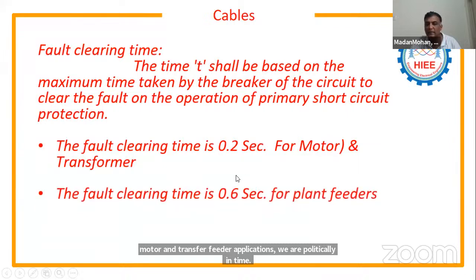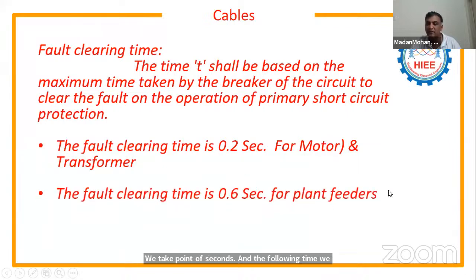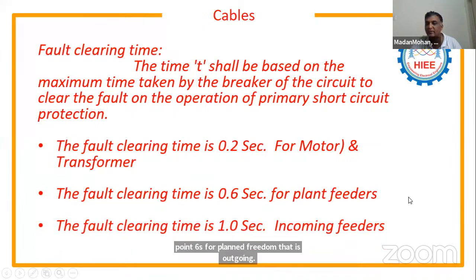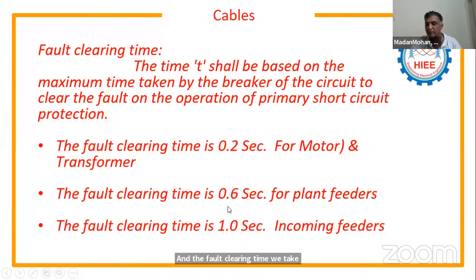And the fault clearing time we say 0.6 seconds for plant feeders, that is outgoing feeders. And for incoming feeders we take 1 second. Depends upon the scenario, the fault clearing time will be considered.